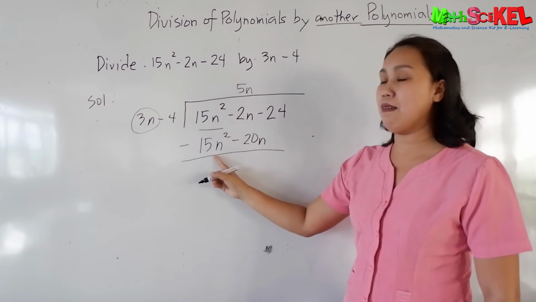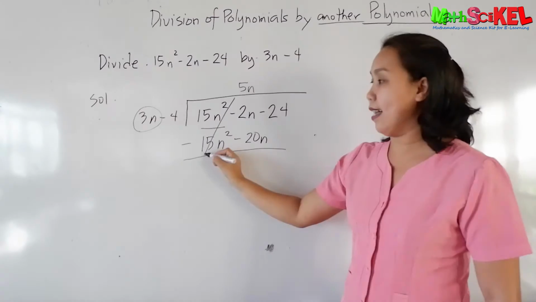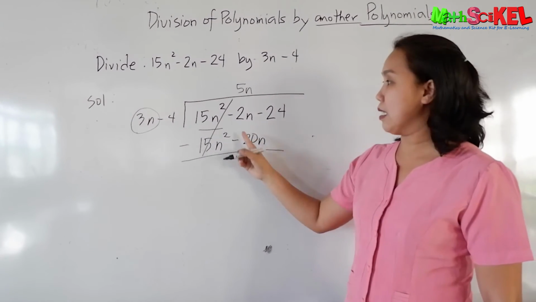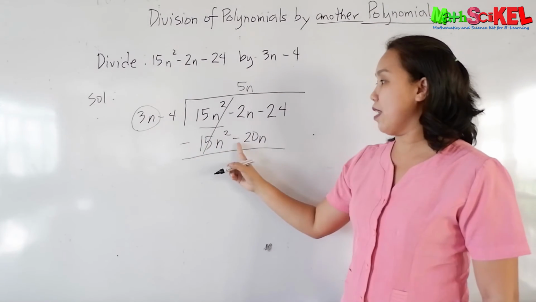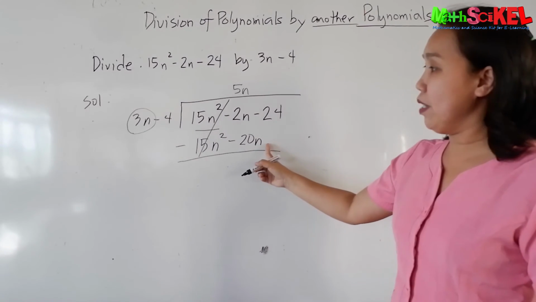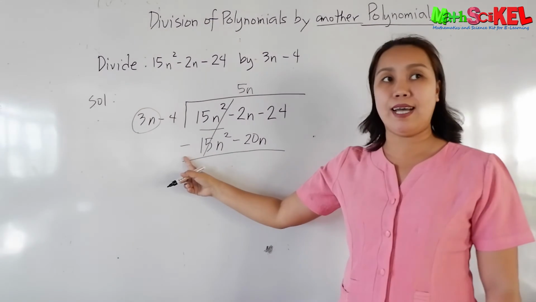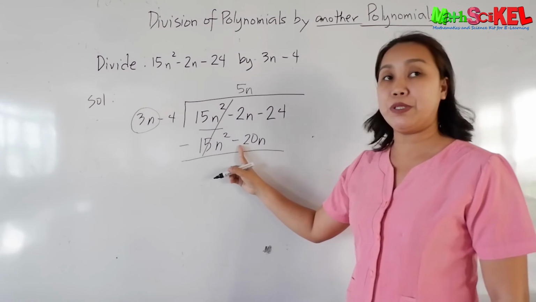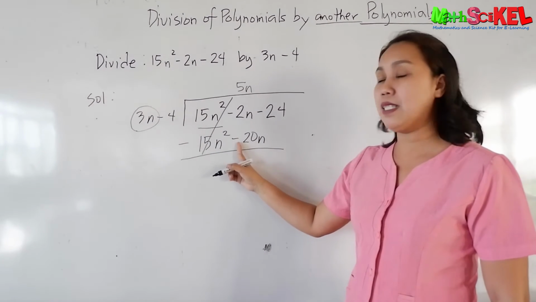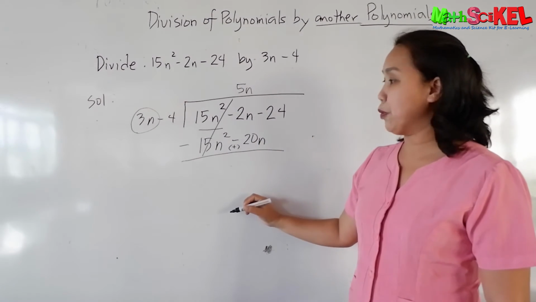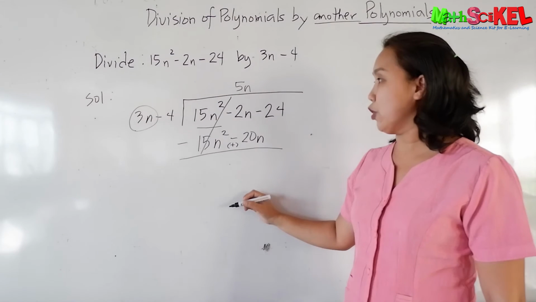Since they have the same terms, you just cancel it out and proceed to the next one, which is negative 2n minus negative 20n. Then, we all know that subtraction is the additive inverse of addition. So, we will apply the opposite law. So, negative this time will become positive.